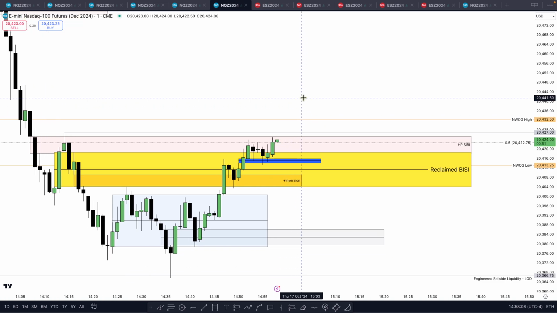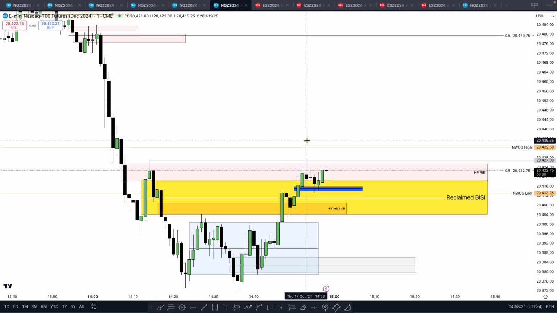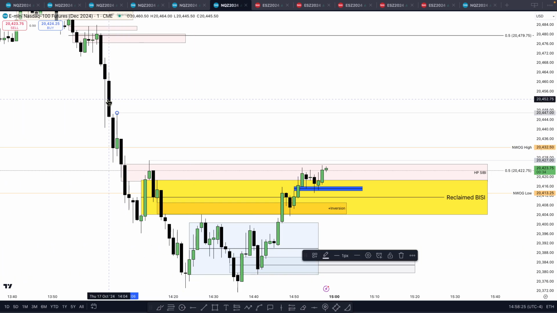But here we have the SIBI, which is still important to me. It's right at CE of the new week opening gap. If we close above, I want to see if there's a willingness for us to close above the new week opening gap. And if we close above the new week opening gap, then maybe we revisit this swing high at 206, at 20,044.7 even.